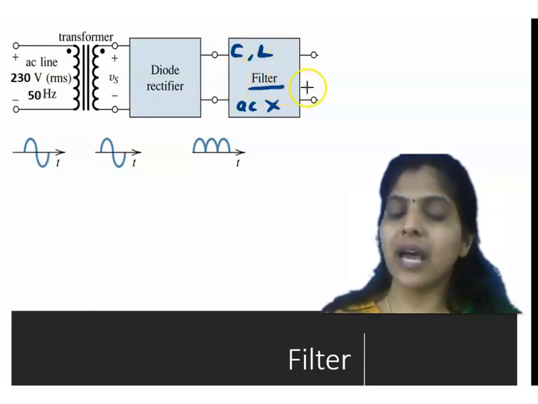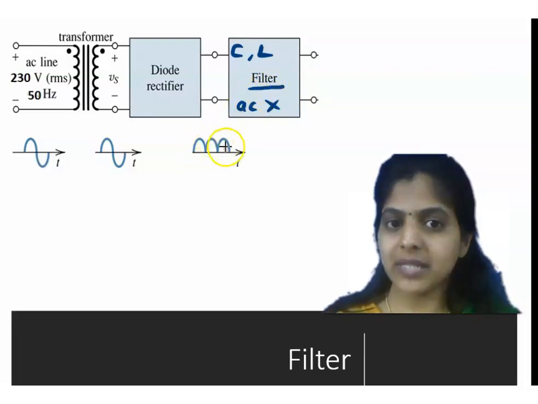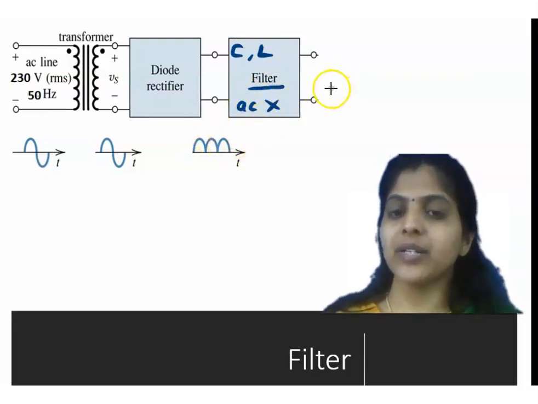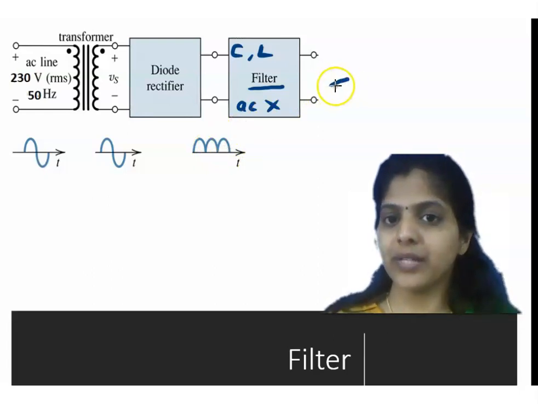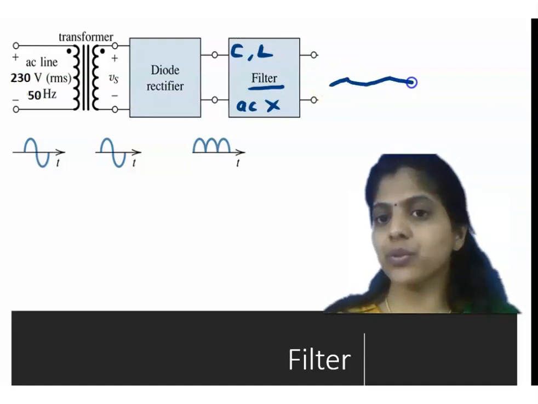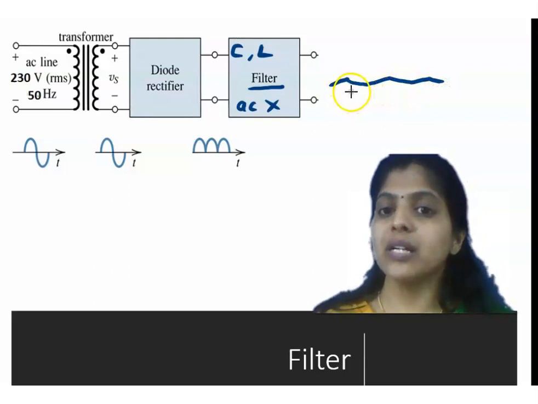Using that we can remove the AC content. So what will be the output of this filter? This pulsating DC will be converted into a smooth DC. The output of the filter will be in terms of charging, discharging, so a smooth waveform. It will be much closer to DC.